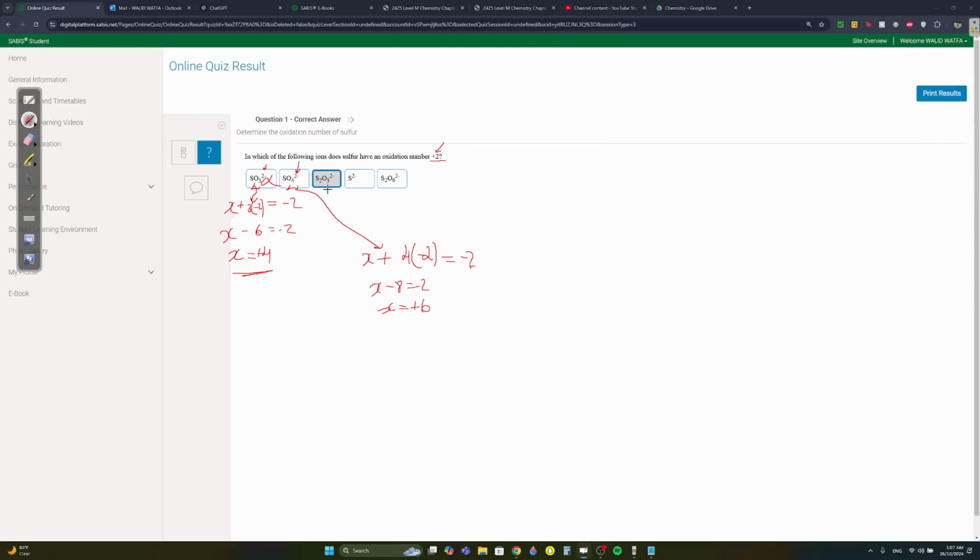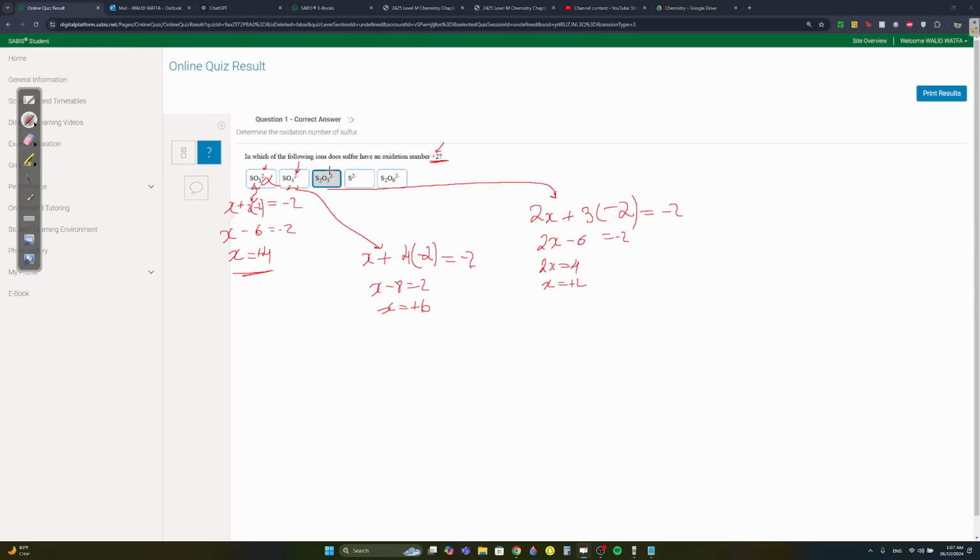Is that +2? No. How about here, S2O3? We have 2 S this time, 2 sulfurs, so we're going to write that as 2X. O3, so we have 3 oxygens. How much is 3 oxygens? Always, each oxygen is -2. How much is the total charge of the compound? -2. You can get 2X -6 equal to -2. You can get 2X is equal to 4. So X is equal to +2.